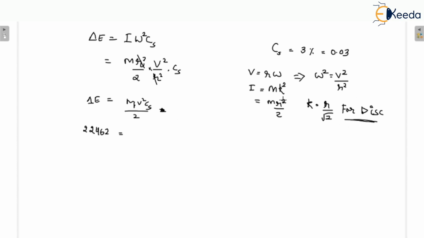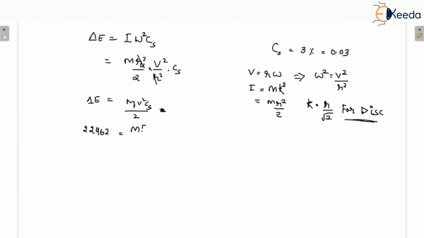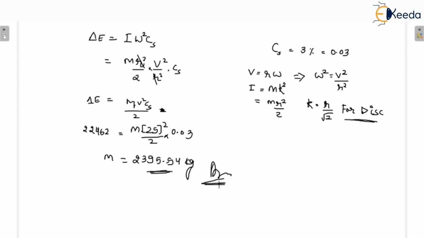So I'm assuming the flywheel as a disk and applying m R square by 2. So that would be m, which we have to calculate, V is 25 meter per second, so 25 square by 2, and Cs is 0.03. So you can calculate the value of mass here, that would be 95.94 kilogram. Okay, so this would be the final answer. Thank you.